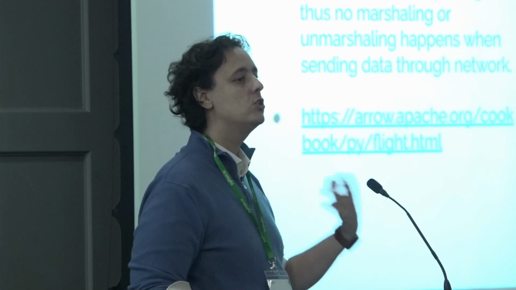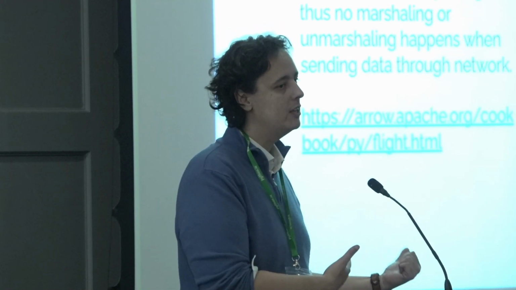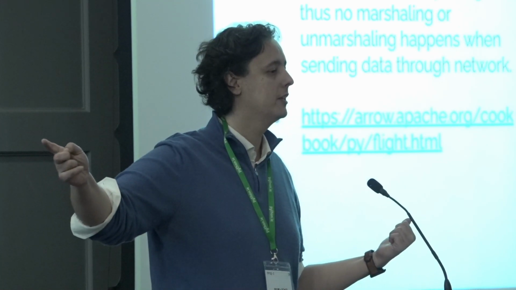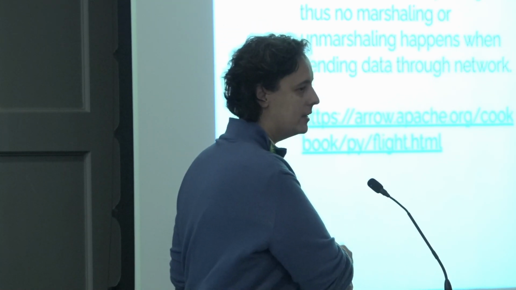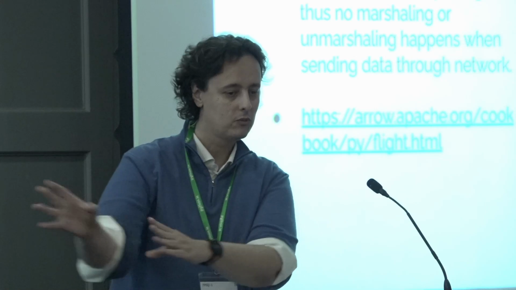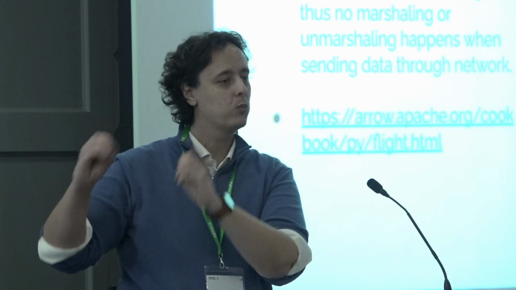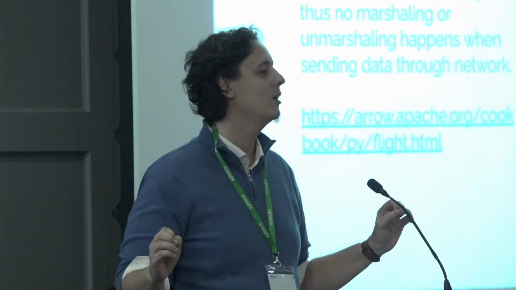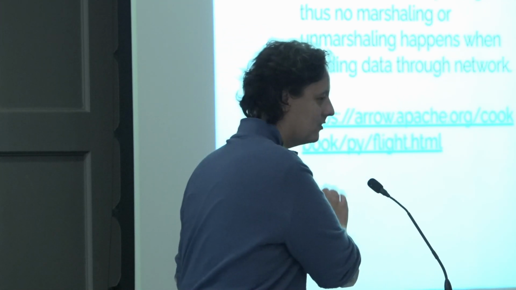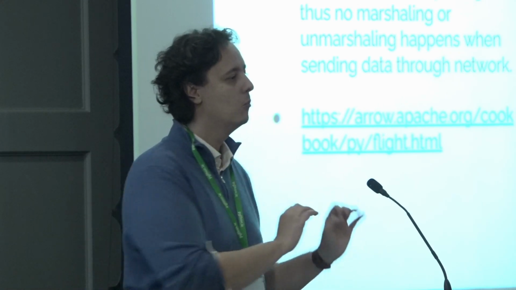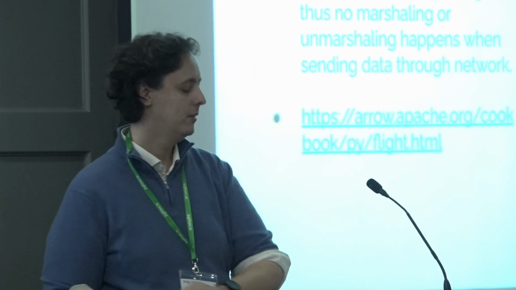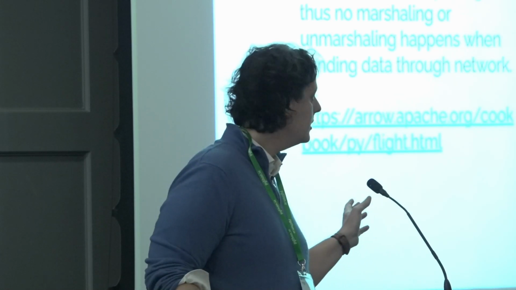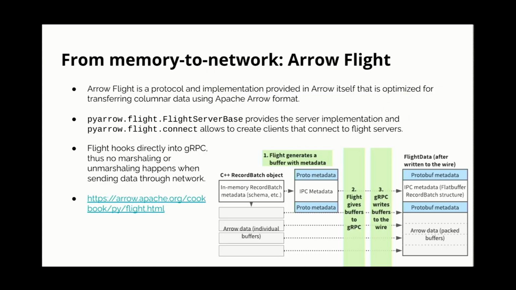So if you imagine you have a file on disk with your data and you need to ship it to a software on the other side of the network, you can directly take the data from the disk and copy it to the network card buffer without having any single CPU cycle involved in the middle, because it's the same exact data moved from one buffer to the other. And Flight is explicitly designed to allow for that.